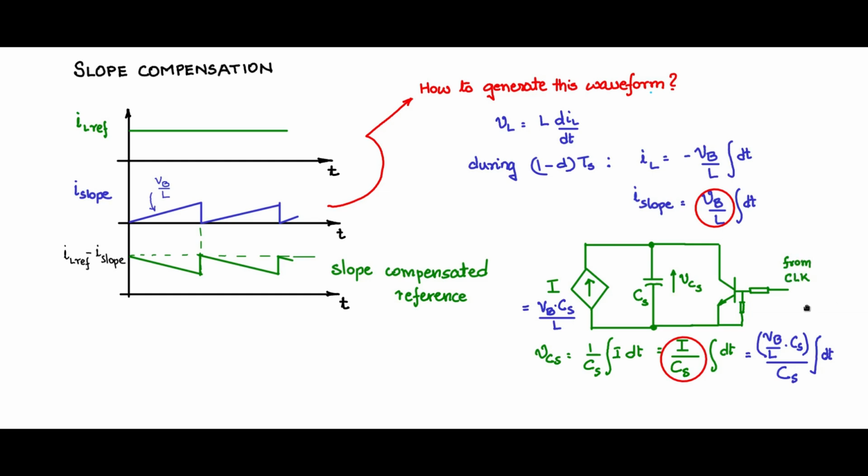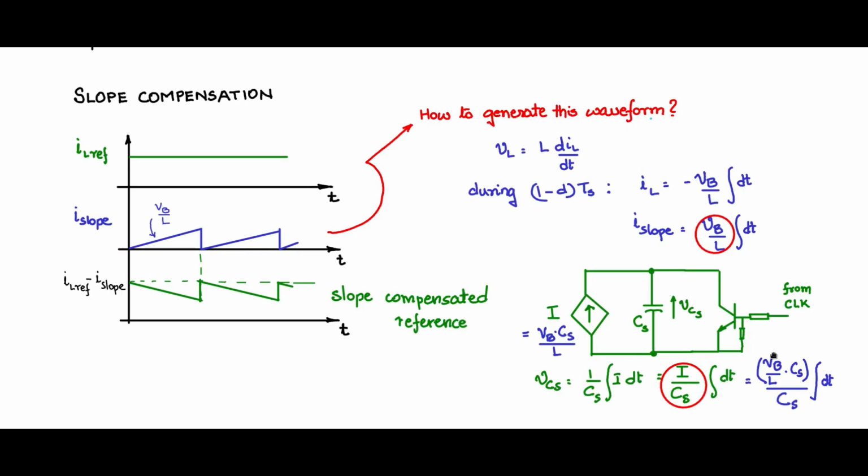So whenever there is a clock, that will switch this on, it will discharge this capacitance and bring it to zero. So during that period of clock duty cycle, this will come down to zero. Then again it starts integrating, and then at this point the clock will come into the picture. This will come down to zero.